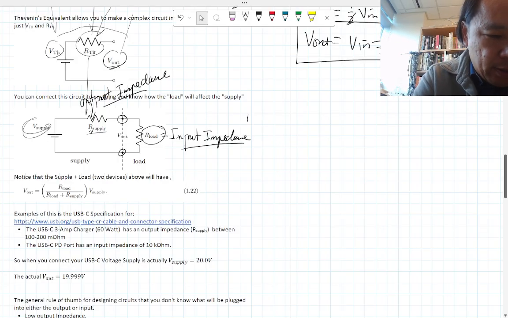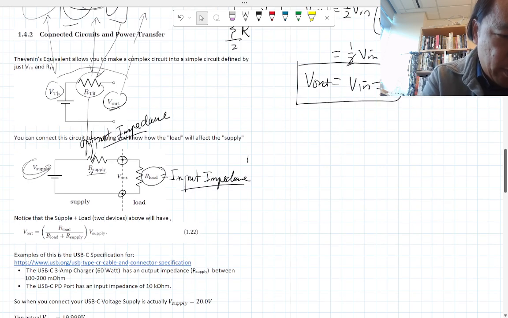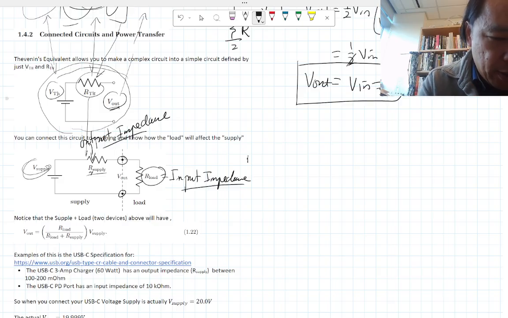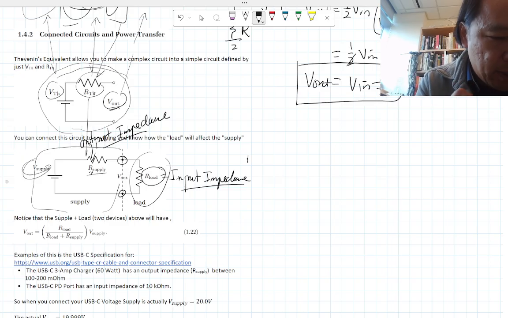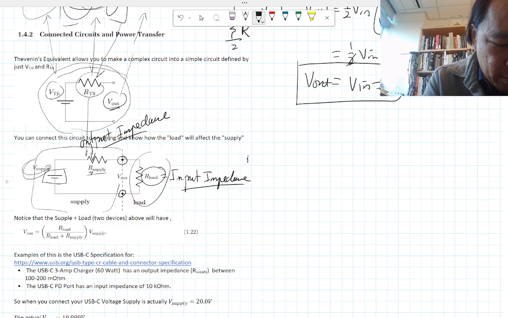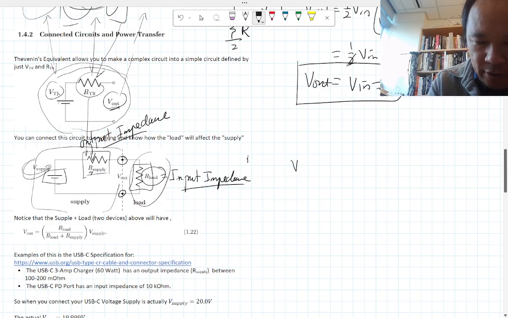The cool thing is that once you have this, your circuit is simplified to one voltage, one resistance, and one output. You can connect this to something else, and as long as you know what the input impedance is, you know exactly how it behaves, because now it's just a single voltage supply with one resistor. And that's exactly what your voltage divider is going to be.